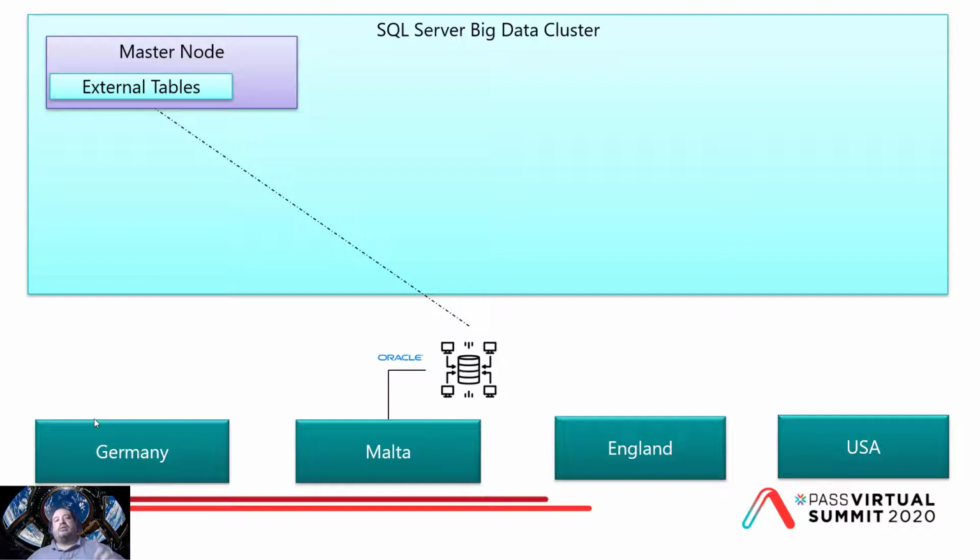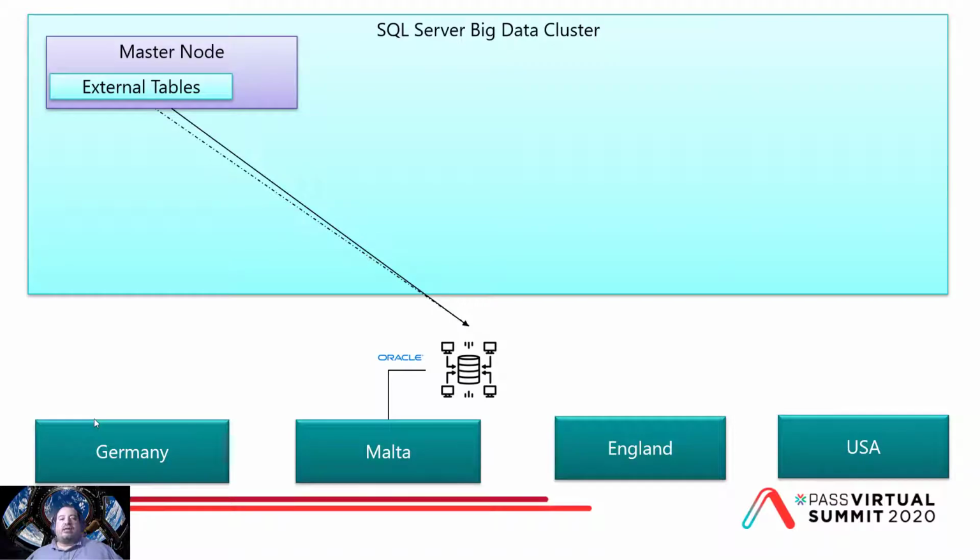We will create in the master node external tables pointing to that external data warehouse. Then many applications will be able to connect to the master node and query that external table. That's the external tables and the model that we will be creating inside the master node.